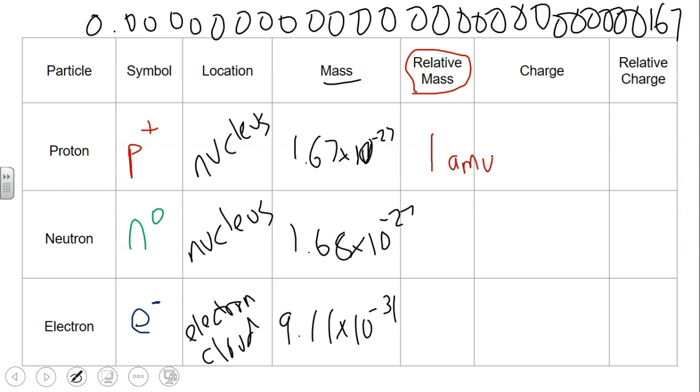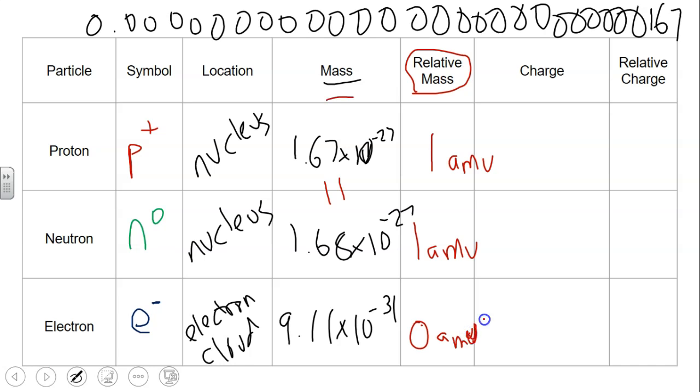Okay, and then we do the same thing with a neutron. They're about the same mass. So a neutron has a mass of 1 AMU. And then we say that an electron is so small that it really doesn't matter. It's about 1/2000th the size of a neutron, and so we're going to say that this is 0 AMU. So the mass of an atom has nothing to do with the number of electrons.